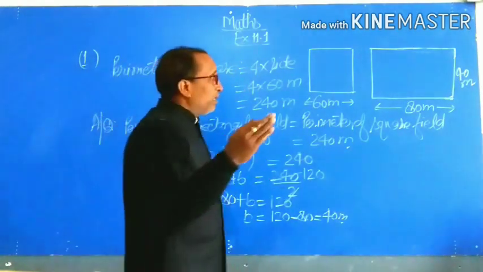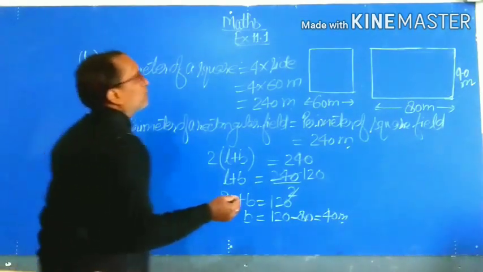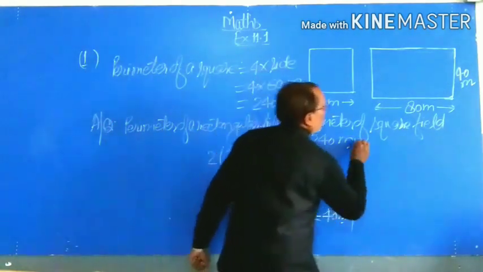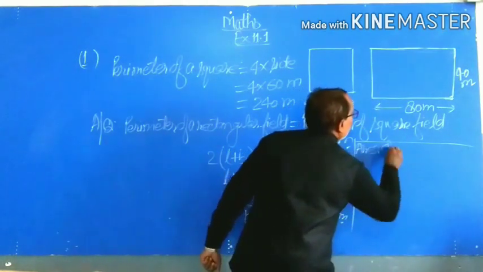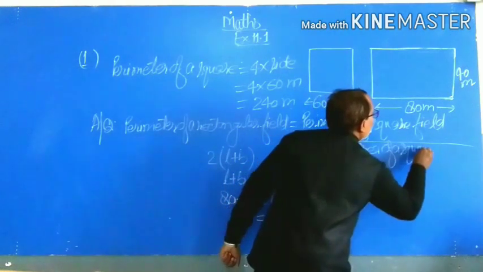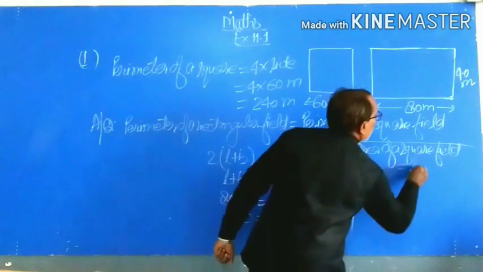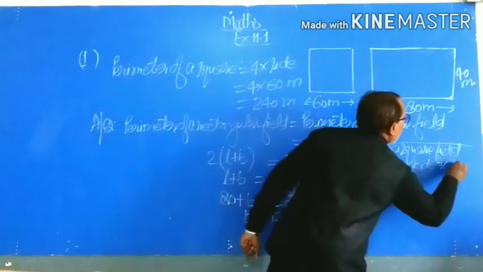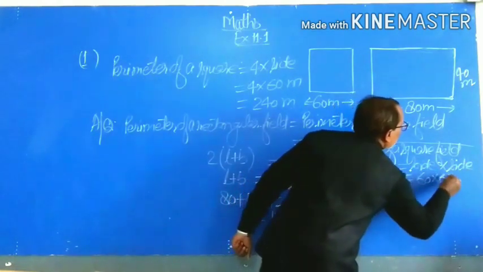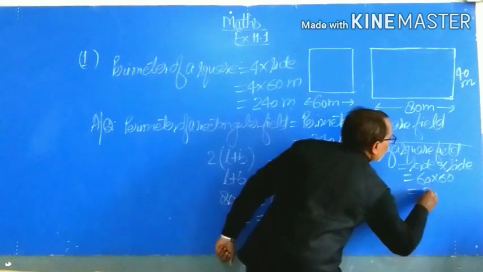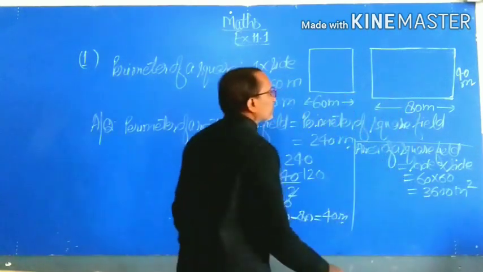Then you find out the area of both fields. Area of square field is equal to side into side, that is 60 into 60, 6 6 36, 3600 meter square.